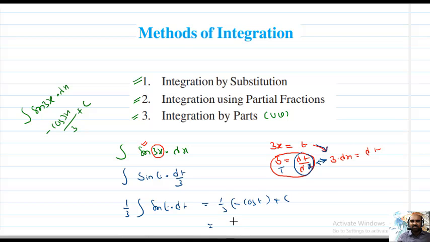Our answer should be in terms of x, so instead of t I write 3x: 1 by 3 into minus cos 3x plus c. In this way you can use integration by substitution. By using suitable substitutions you want to find the integration of given functions.